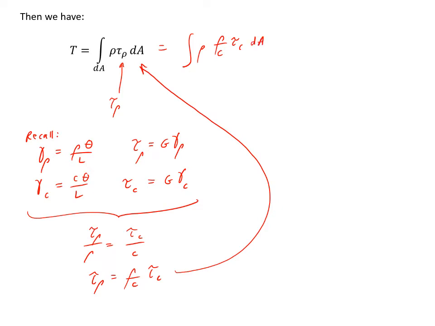All right, and the tau C over C is a constant, so it can come out. And what we're left with in the integral is going to be rho squared dA. And that rho squared dA is equal to J, which is the polar moment of inertia. All right, so we now have several different relationships, and we're going to put them all together on the next slide.